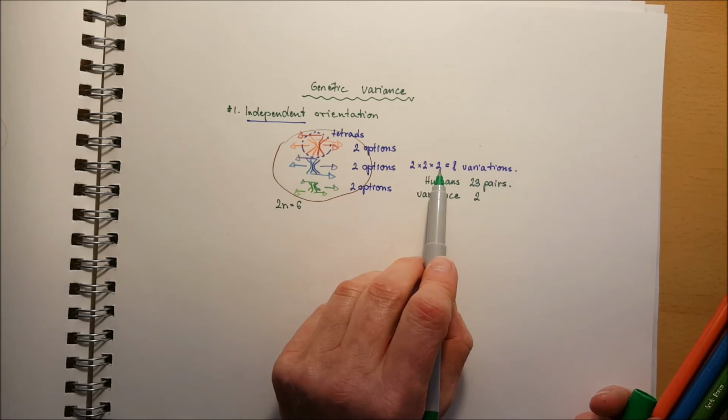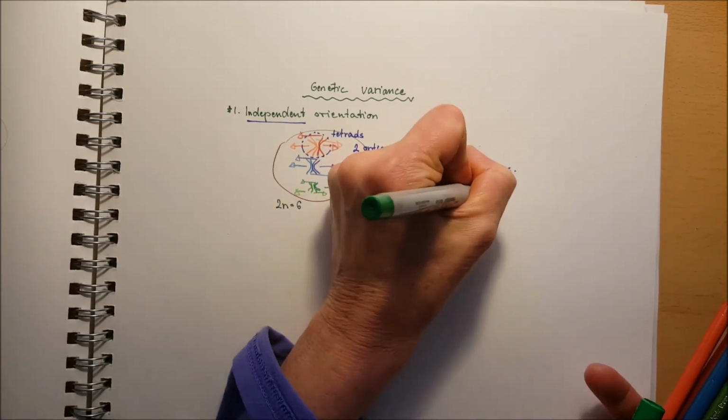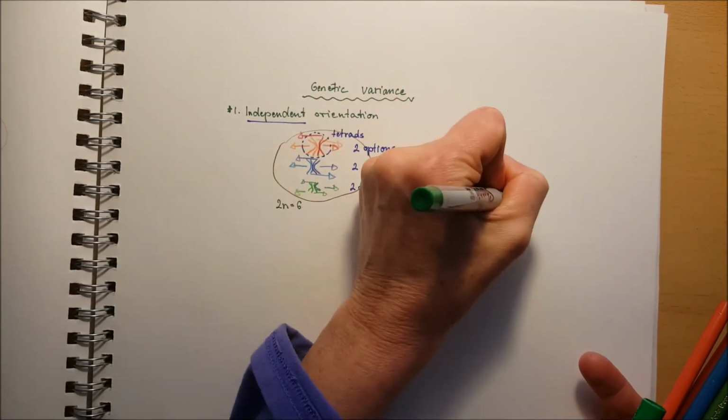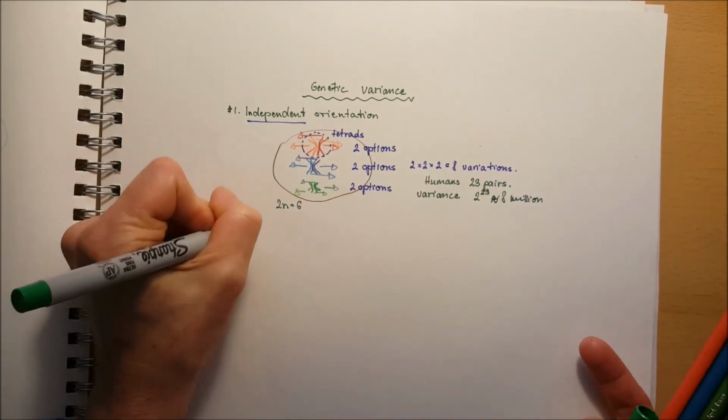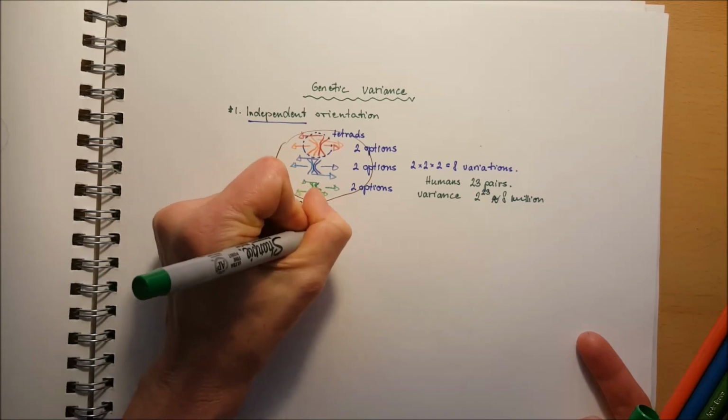But humans have 23, so the variation is 2 to the 23rd, which is around 8 million variations. That's a huge number for genetic variants.